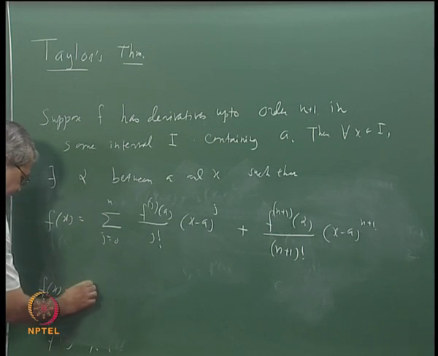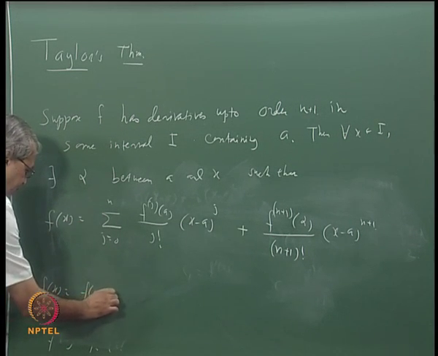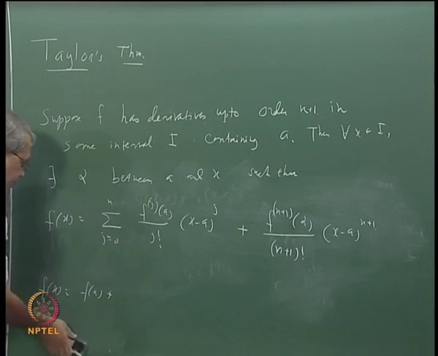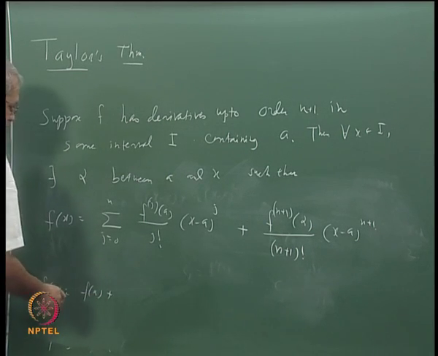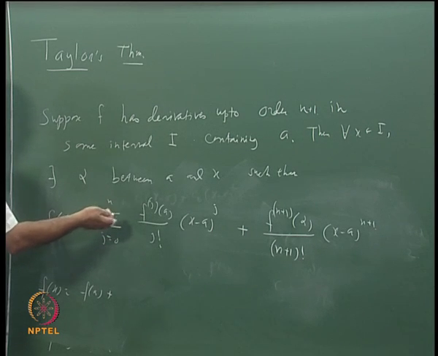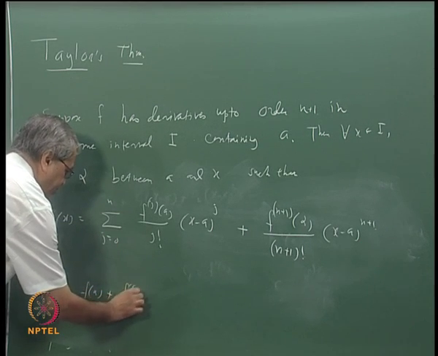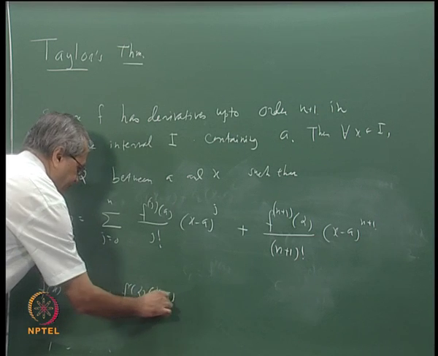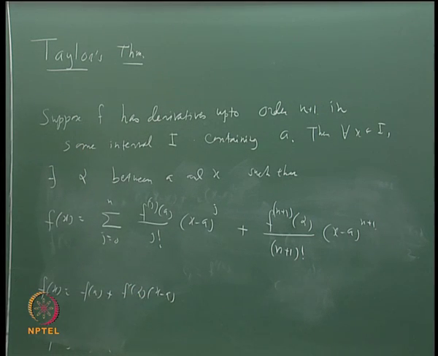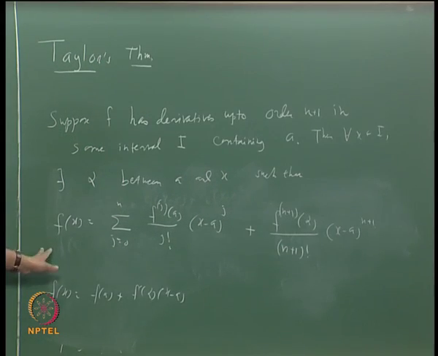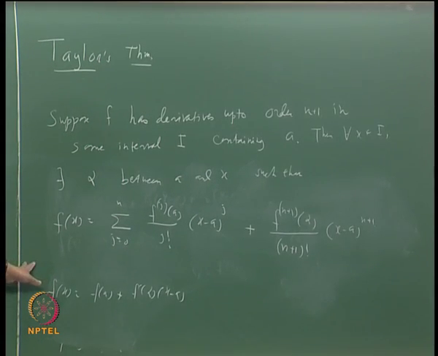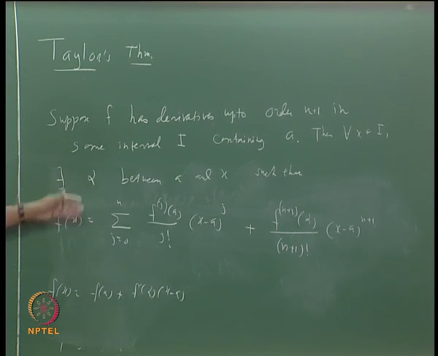So f x is equal to f a plus f prime at alpha into x minus a, which is the same as saying that f x minus f a divided by x minus a is equal to f prime at alpha for some alpha lying between x and a. That is just the mean value theorem. So that is why Taylor's theorem can be considered as an extension of the mean value theorem.